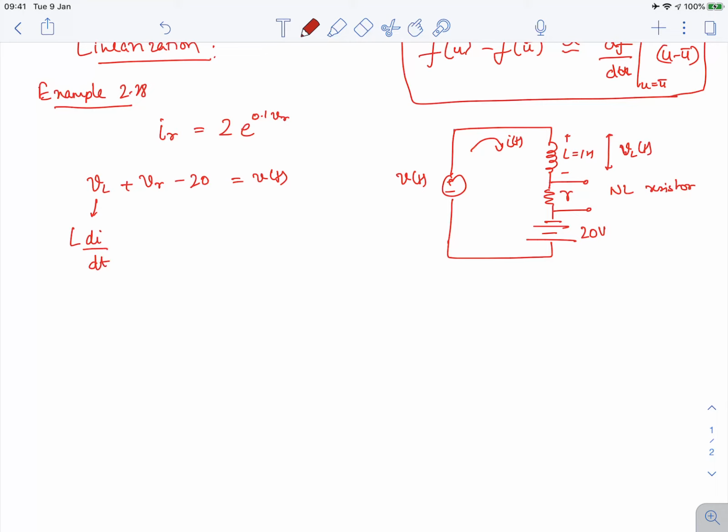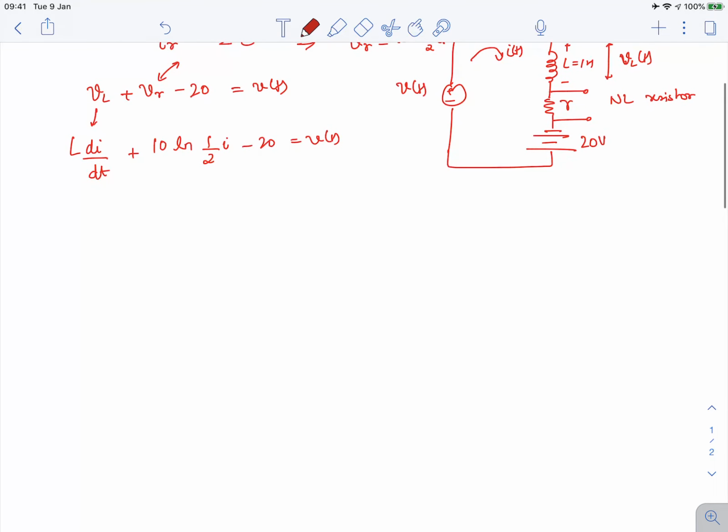This VR we can obtain from here by taking the logarithm of this. So VR is equal to 10 ln (1/2 iR). Okay, let's substitute it here. So we would have 10 natural log of (1/2 i) minus 20 is equal to V of t.